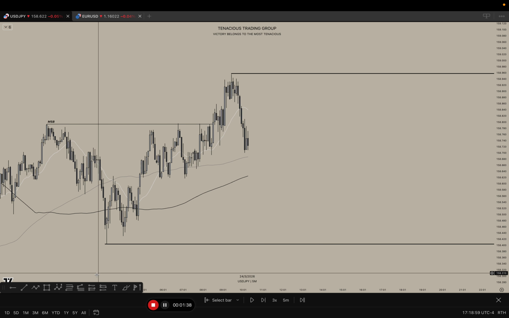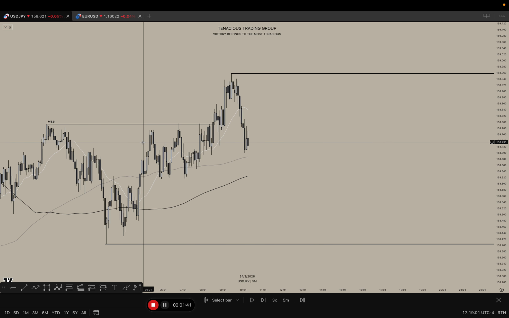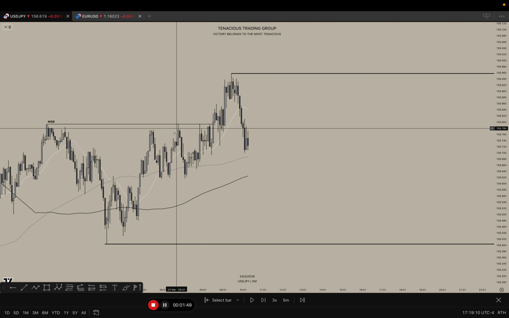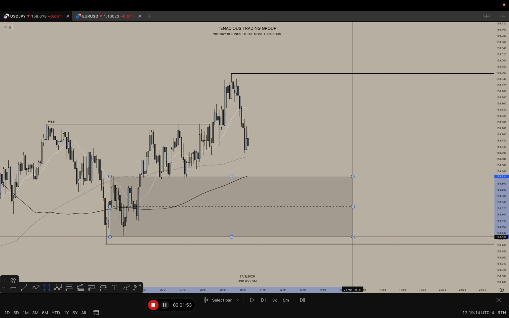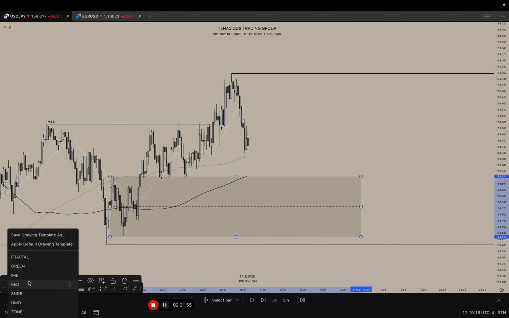We have this whole area which I can pretty much classify as a SNDR. However, it's also an area where price has kind of clogged itself up. So if there is a chance where I would like for price to tap into, it will be this unmitigated move origin.